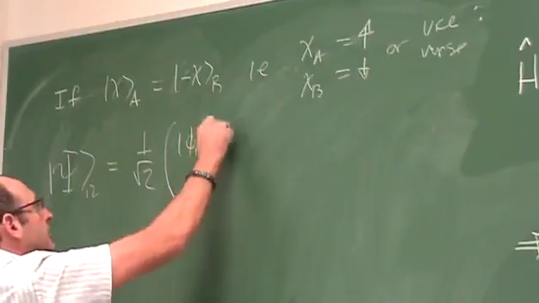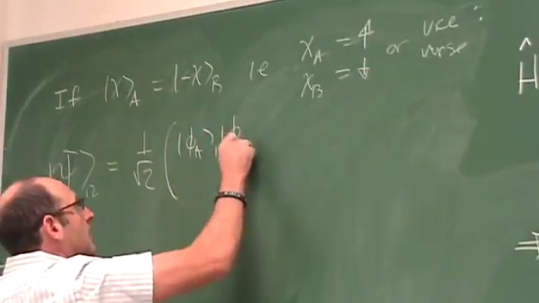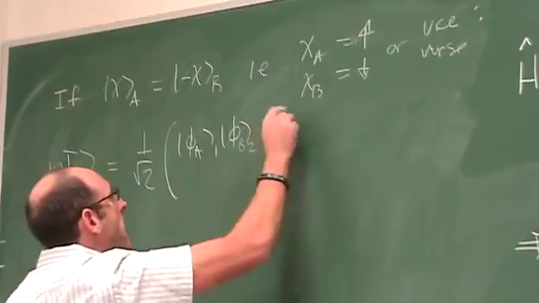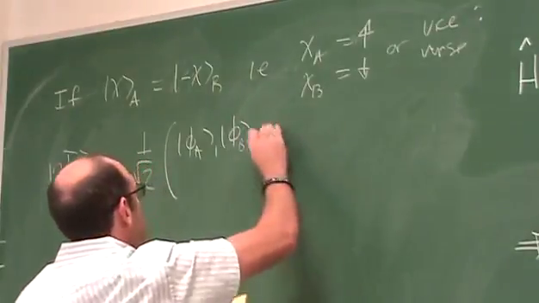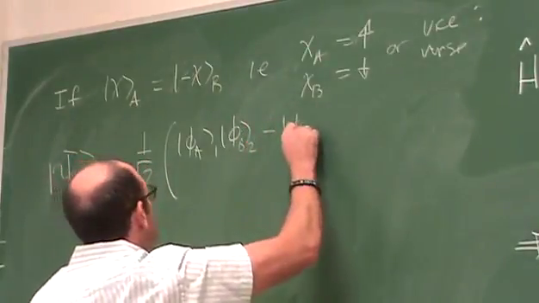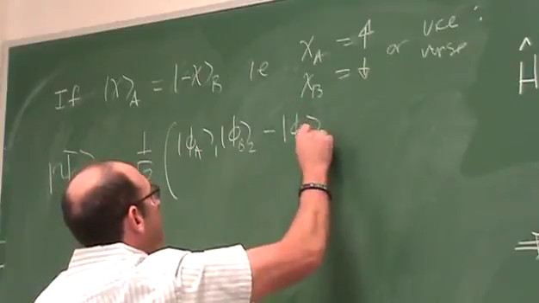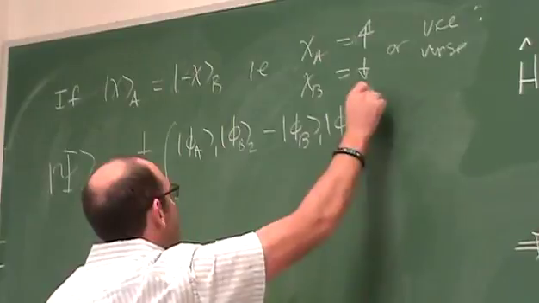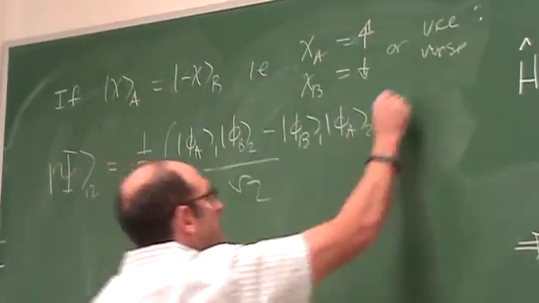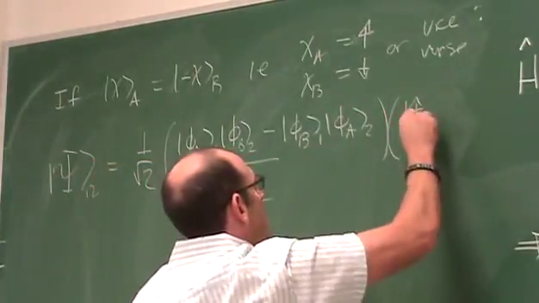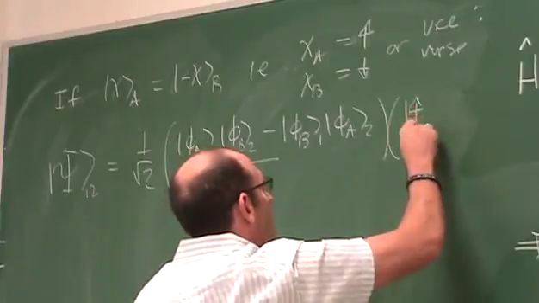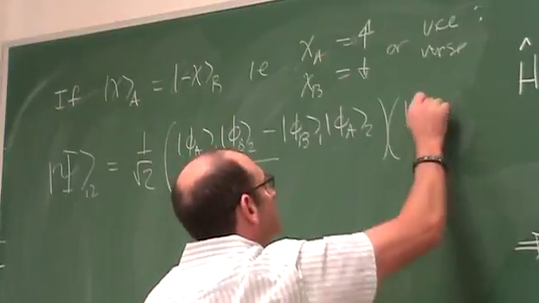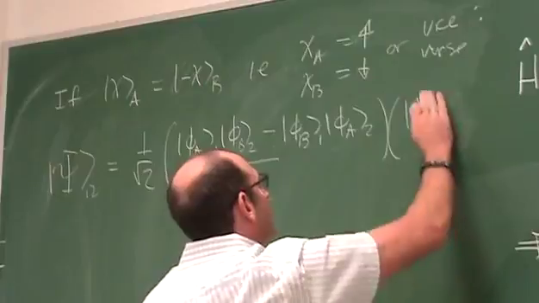So I can have the same kind of antisymmetric spatial wave function, which is now paired this way.